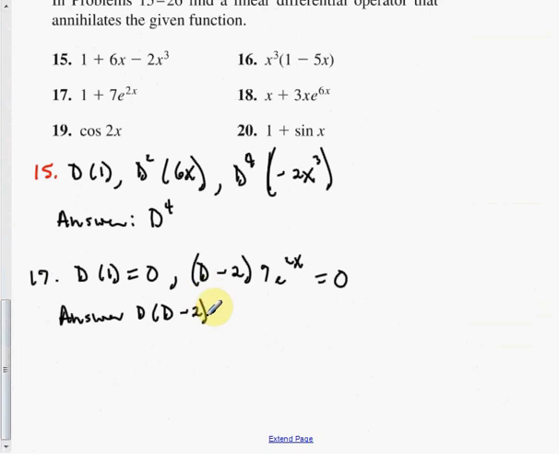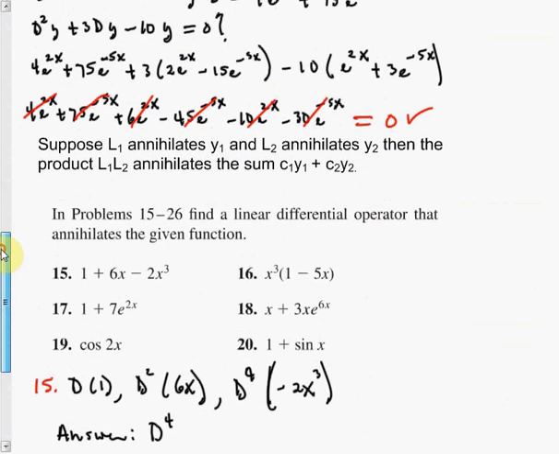Does everybody see that? Because the product of the annihilators annihilates the sum, right? This is the sum 1 plus 7 times e to the 2x. D will annihilate the 1, and then d minus 2 annihilates the 7 e to the 2x. So d times, parentheses, d minus 2 gets rid of the whole thing. And that's what this theorem is saying right here.